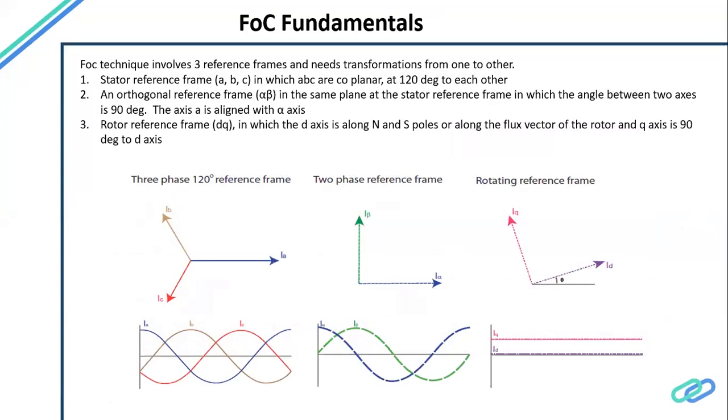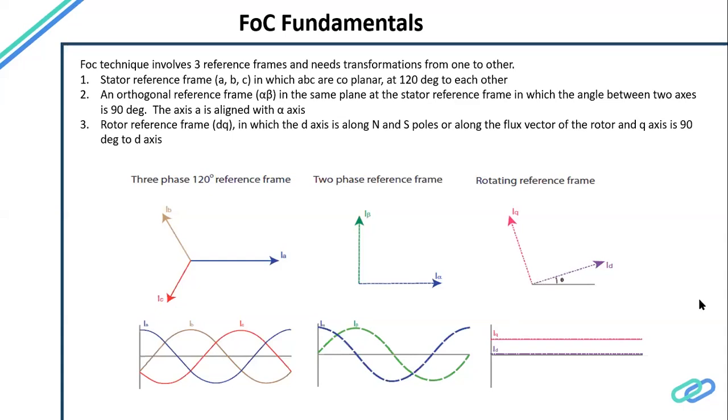We can see that it goes from ABC to alpha and beta, and then to ID and IQ. These are called Park and Clarke transformations, which are nothing but mathematical in nature. But this mathematics allows us to go from this AC nature to DC nature, right?